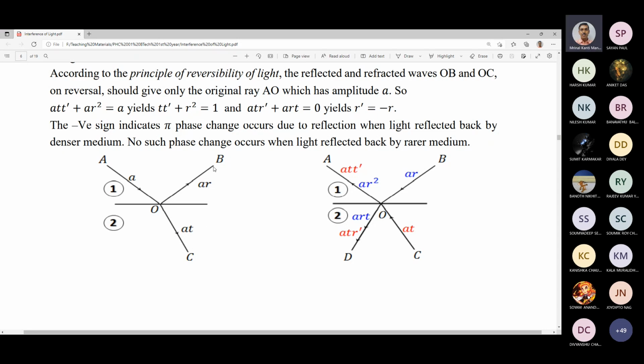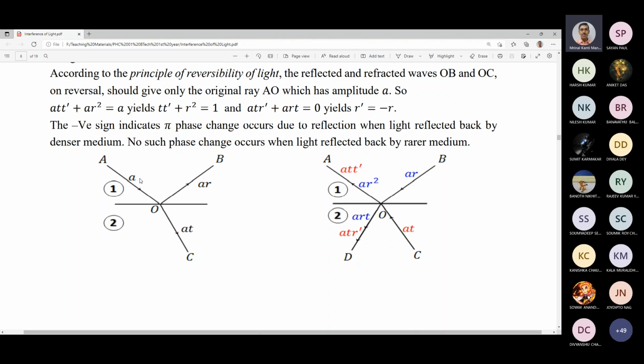Now, if we reverse these two beams, then what will we get? We must get back the incident beam, because you know that the optical path is reversible.